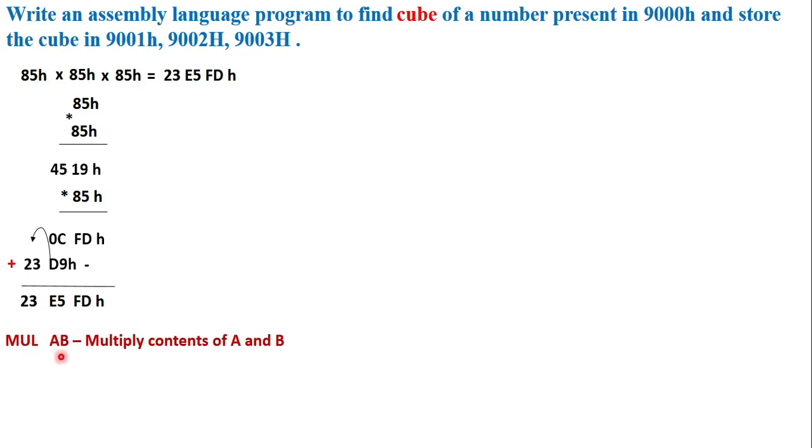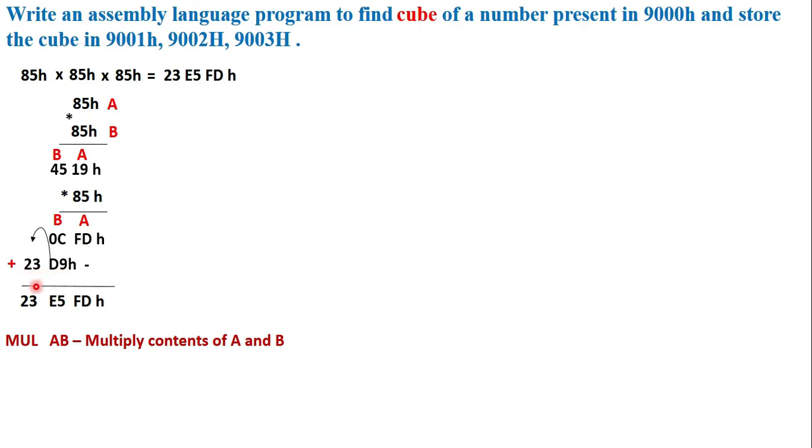And we know the rule for multiplication tells us that the two numbers to be multiplied should be in the accumulator and the B register, and after multiplication the higher byte is in B and the lower byte is in A. Meaning, we need the first operand to be in A and the second operand to be in B. When we multiply, the higher byte will be in B and the lower byte is stored in A. Then again this result 0CFD will be stored in B and A registers.